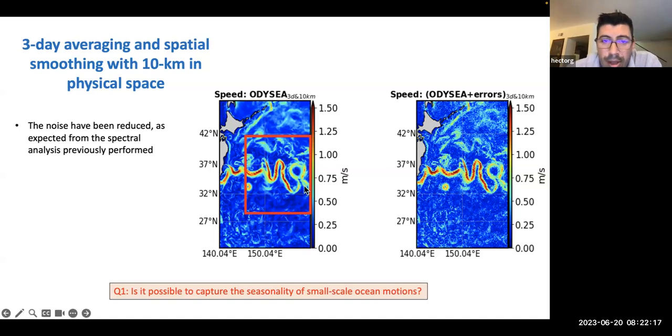The left panel is ODYSEA without the noise, and the right panel is ODYSEA plus the noise. And here and after, I'm going to focus on this region and see if the seasonality of the small scale kinetic energy shows up in the ODYSEA performance.